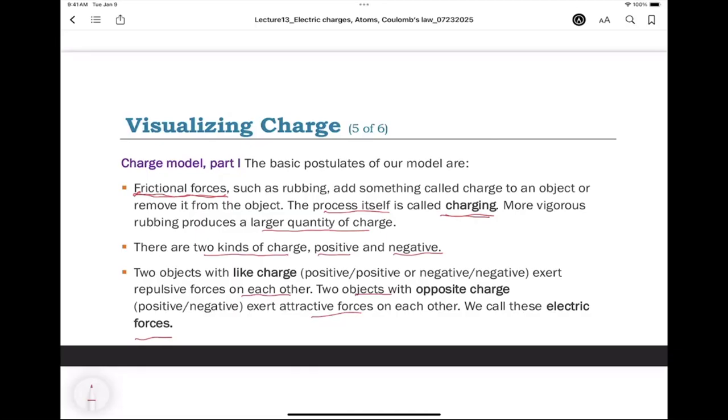Two objects with like charge, meaning both positive or both negative, exert repulsive forces on each other, which means they will move away from each other. Two objects with opposite charge, one positive and the other negative, exert attractive forces on each other. We call these electric forces. Does that make sense to you?